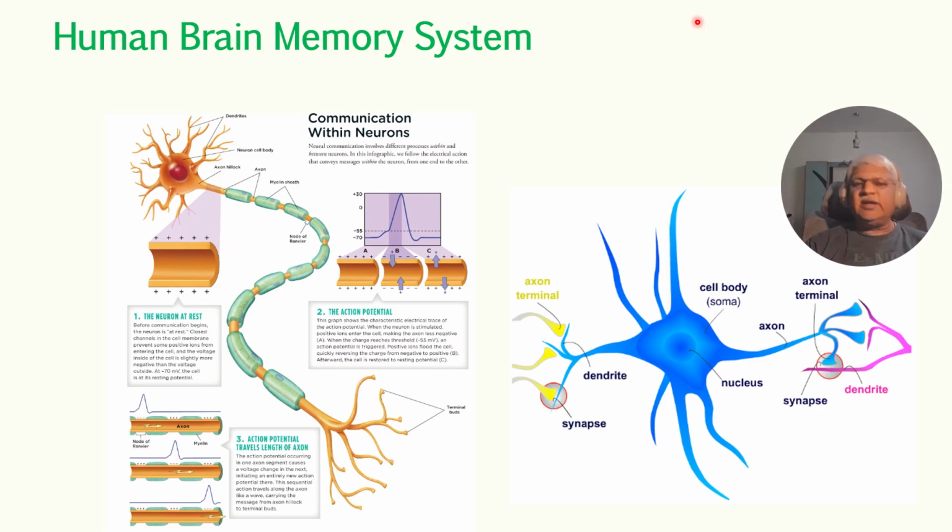Then it will recognize that this is very important, because that neural connection is triggered many times. As soon as it is triggered many times, it gets strengthened, and that becomes a strong connection.